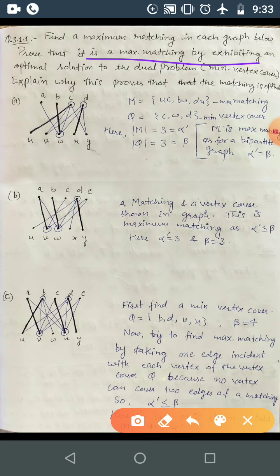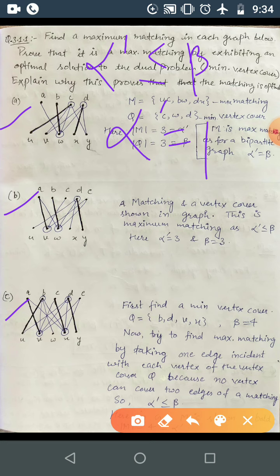I know that for any graph we have one relation between maximum matching and minimum vertex cover, and these are all bipartite graphs. So for every graph you have alpha dash is less than or equal to beta. Correct. And for a bipartite graph it is alpha dash is equal to beta. So this is Koenig's theorem, the minimum maximum theorem. So we will be using this to show that the matching we got is the maximum matching.